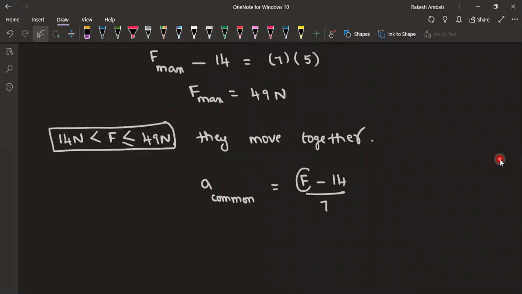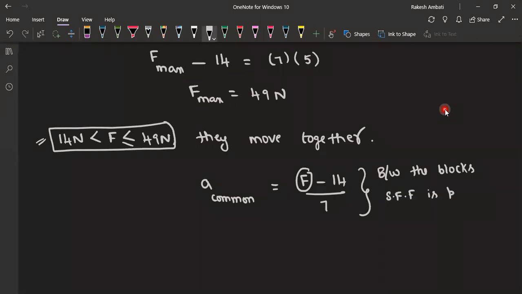And what about this force, in between 14 and 49? Between the blocks, what is the nature of the force, static or kinetic? Static. While the two blocks are moving together, there is no relative motion, so between the blocks static frictional force is present.